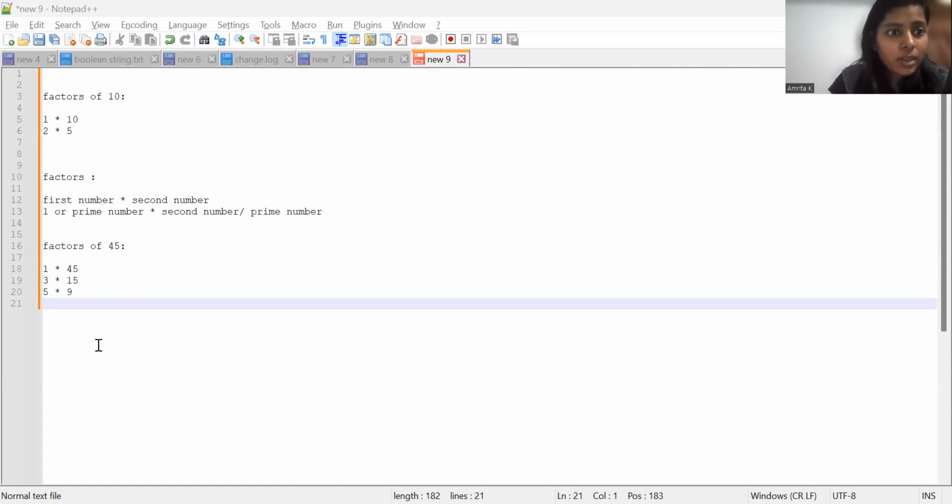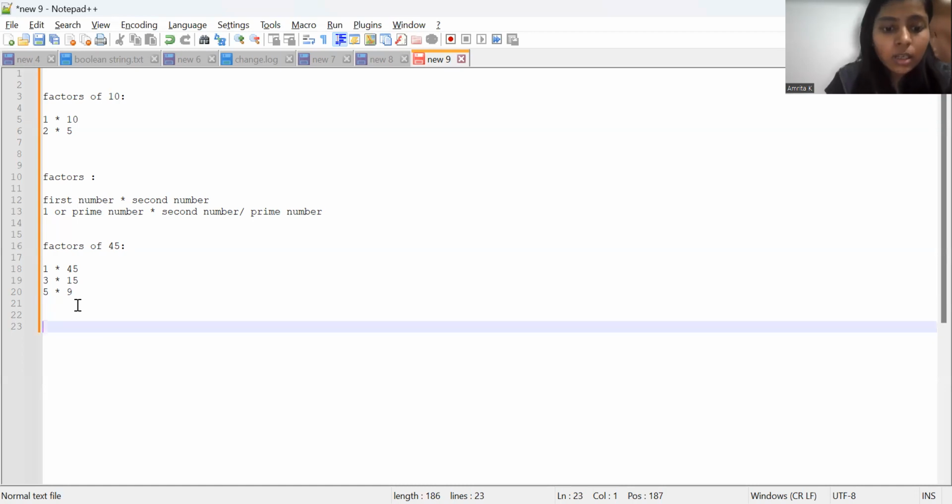So, what is our conclusion from this exercise? Our conclusion is that the factors are up to the number divided by 2. 45 divided by 2 is how much? Around 22, right?